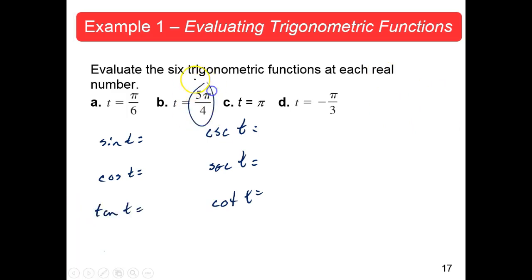Let's do it for 5/4 pi. T is equal to 5/4 pi. Where are we, Waldo? Okay. We're in which quadrant?